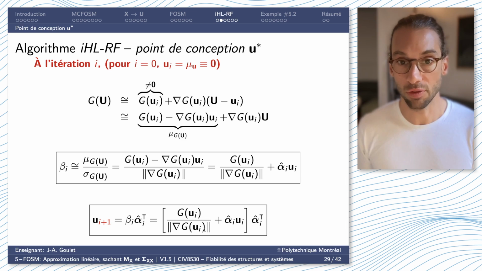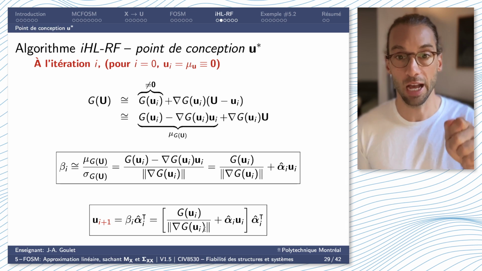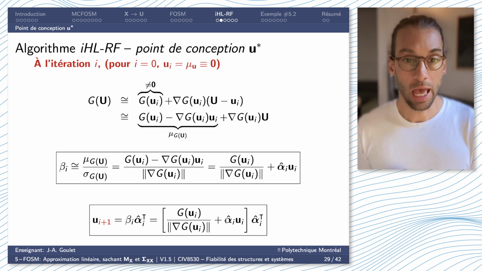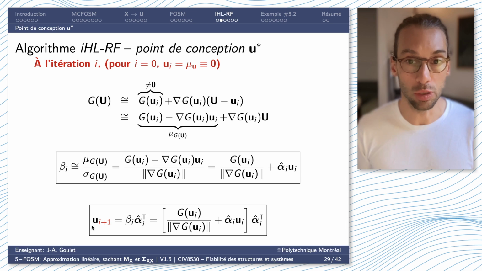The gradient of g of ui is going to be the gradient of x times the Jacobian of x to u. So it's going to be d times L. And alpha is going to be my gradient divided by its norm. I have access to this. Ui is my current design point, and alpha I have already evaluated. I have all quantities to compute my new design point.